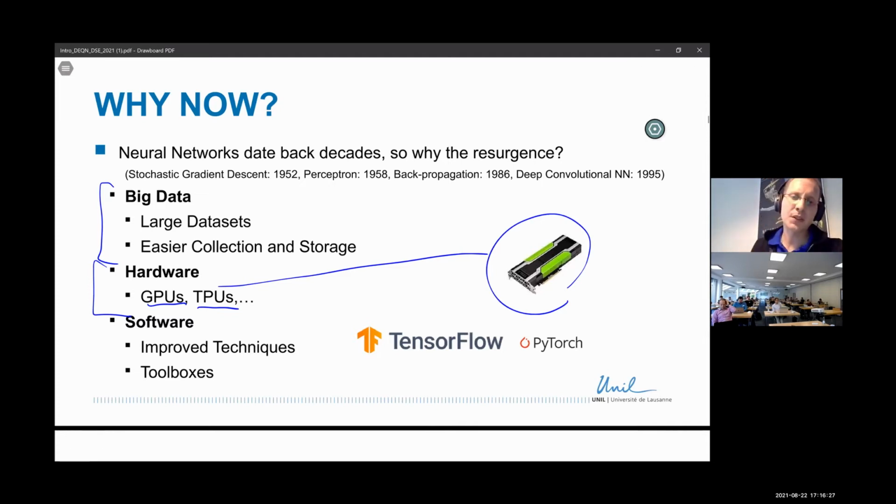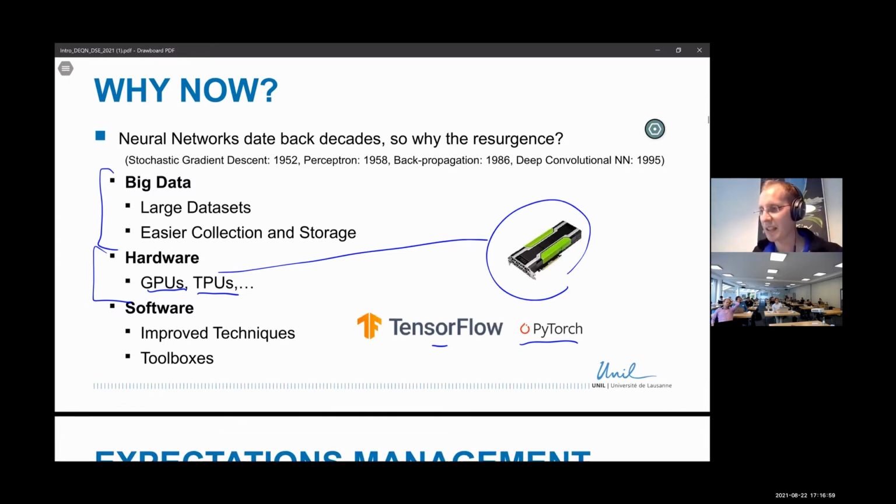And then finally, big software or tech companies make it easily accessible. So highly tuned codes like TensorFlow or PyTorch are all implemented in low-level languages, but are accessible to peasant programmers like myself with an interface to Python, for instance. So historically, this is a very interesting point in time that we're in.